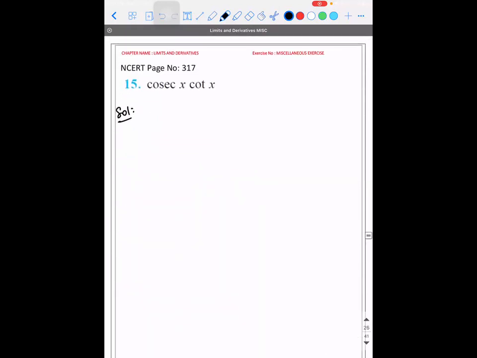So cosecant x into cot x. d by dx of cosecant x into cot x is equal to cosecant x into d by dx of cot x plus cot x into d by dx of cosecant x.